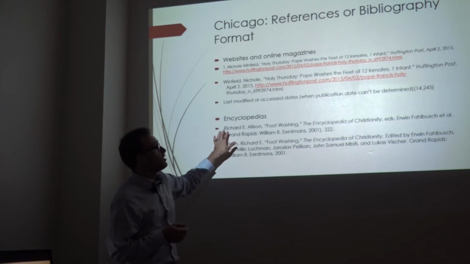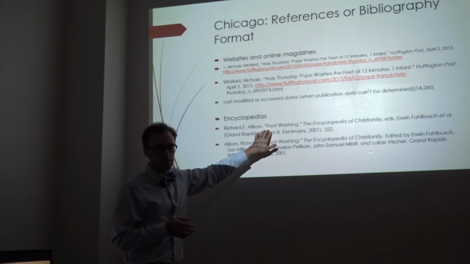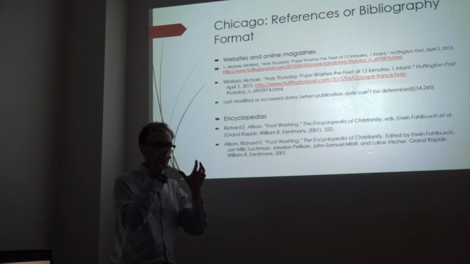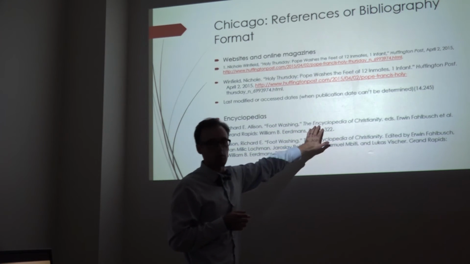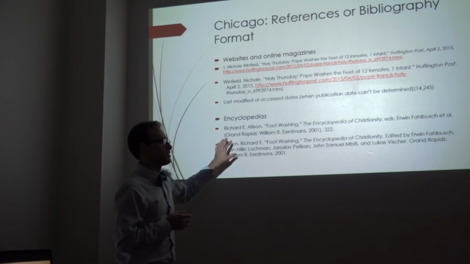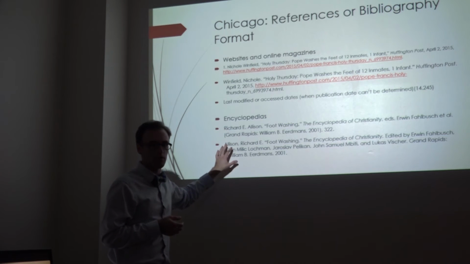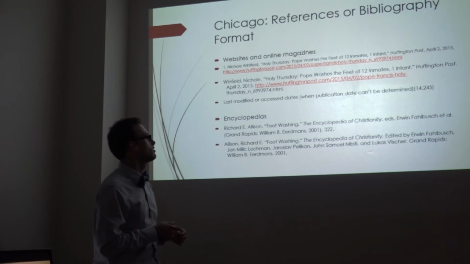Moving along, encyclopedias. Again, the rule is the article or the entry, whatever it is, in quotation marks, and the name of the work in italics. But if you know how to footnote with books, that form pretty much translates to everything else.